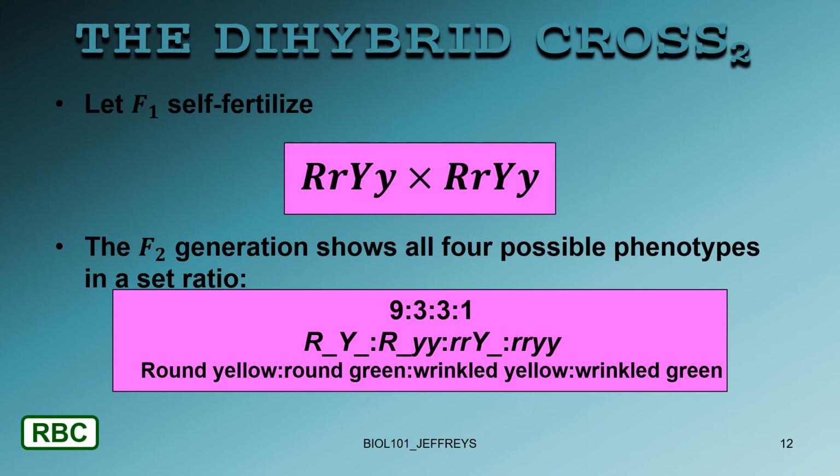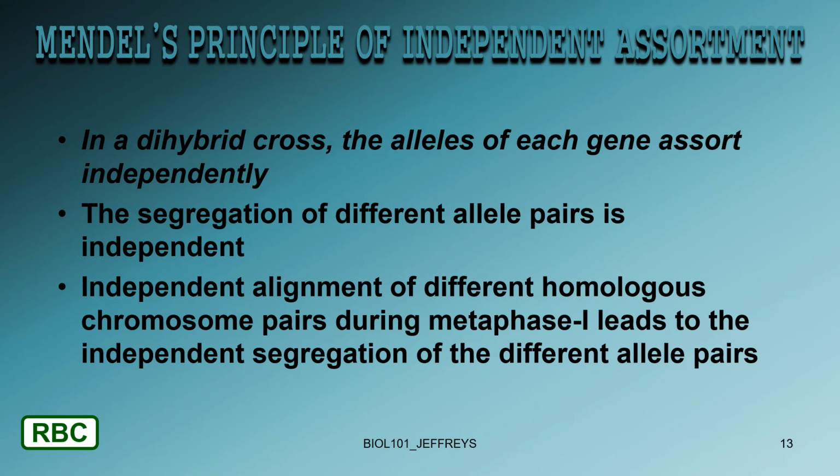Let's look at it. Okay, so in a dihybrid cross, the alleles of each gene assort independently, remember, independent assortment, and the segregation of different allele pairs is independent as well, right? Independent alignment of different homologous chromosome pairs during metaphase 1 leads to independent segregation of different allele pairs.